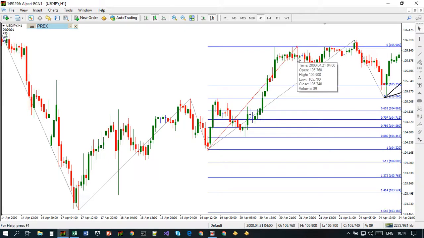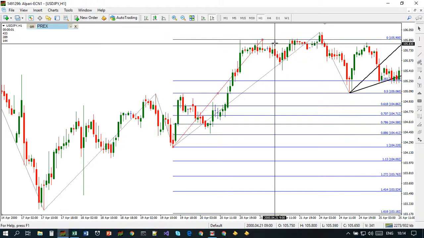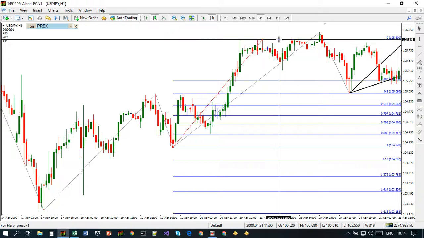Let us see. The high of this candle says 105,900, and the high of this candle says 105,910. Yes, it is 1 pip away and then it closes below.